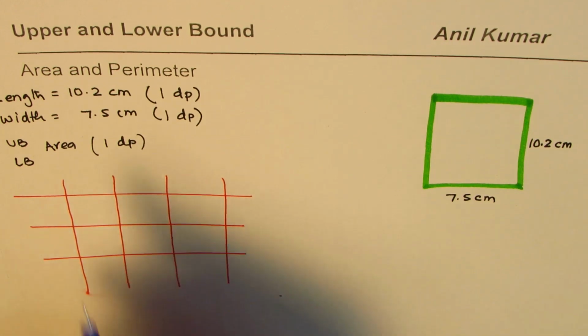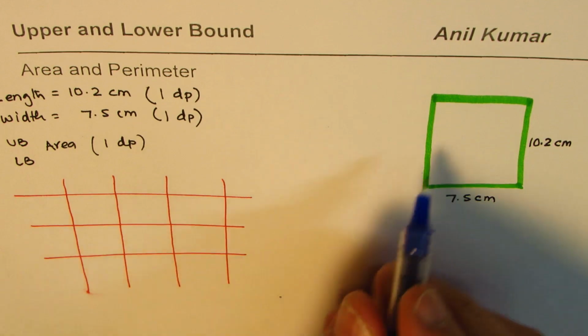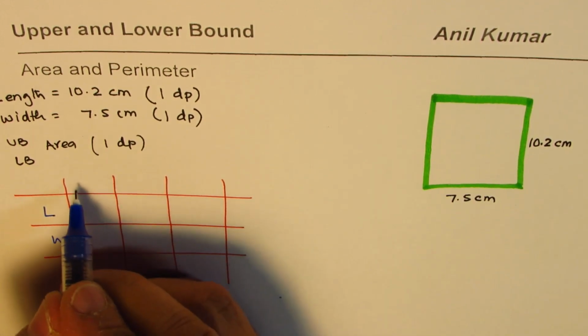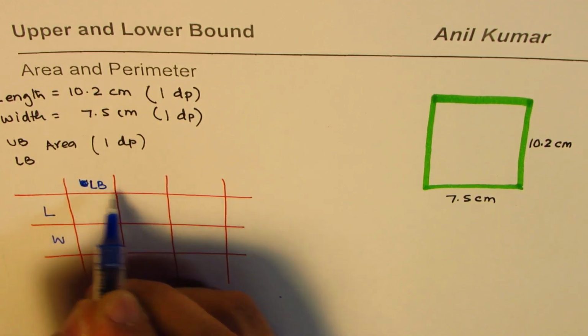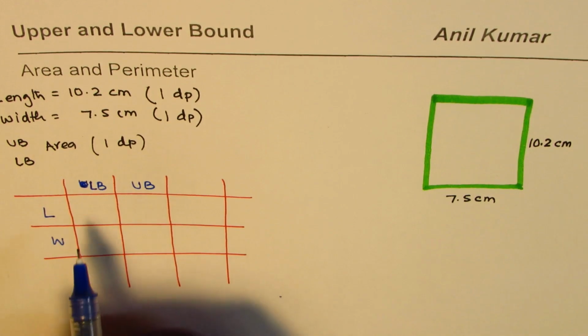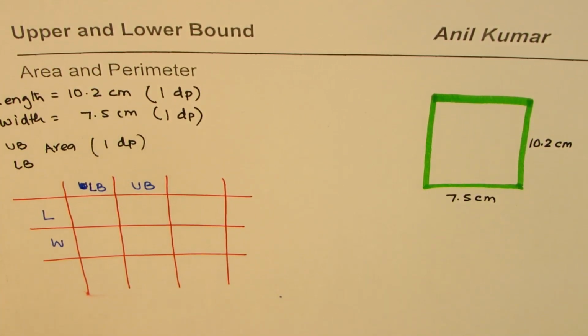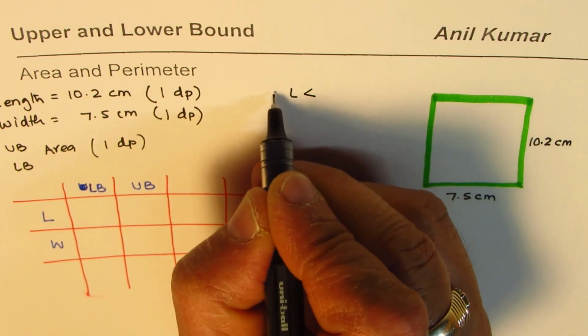So in this table, we'll write down the parameters, which are length L and width W. Let's write down lower bound first, and then upper bound. Okay. Length is 10.2. Now if length is 10.2, then this length should be between what?